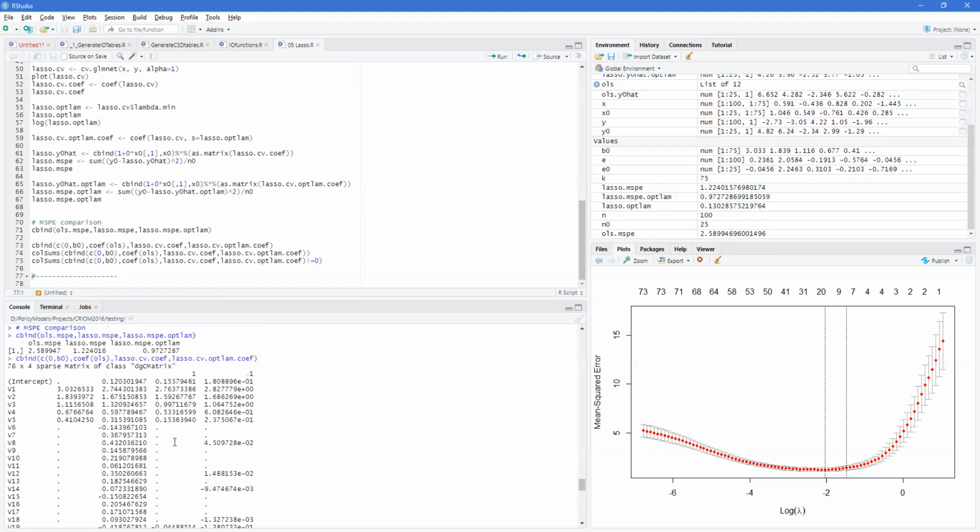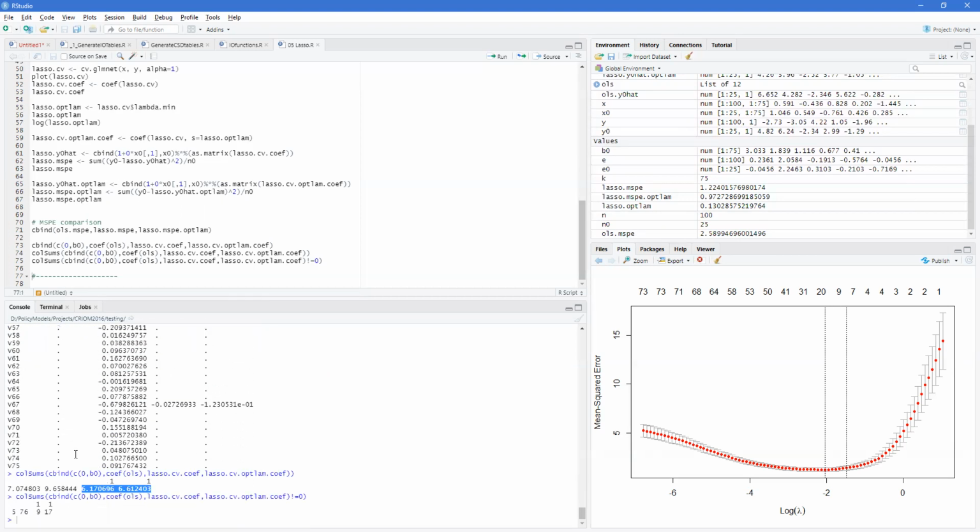The true value is the first one. True values are at 7.7. And you can see that the Lasso and the optimized Lasso are much closer to 7 than our OLS, which is at 9 point something.